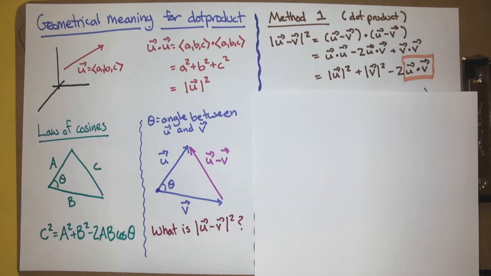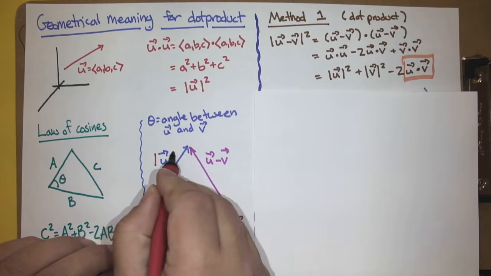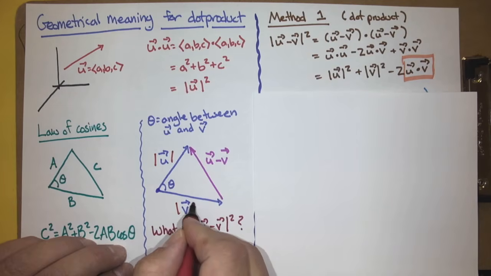All right, so good news. We know how to compute the magnitude of that vector. Is there another way we could compute the magnitude of u minus v? Law of cosines. This is a triangle. Let me not worry about vectors being involved.